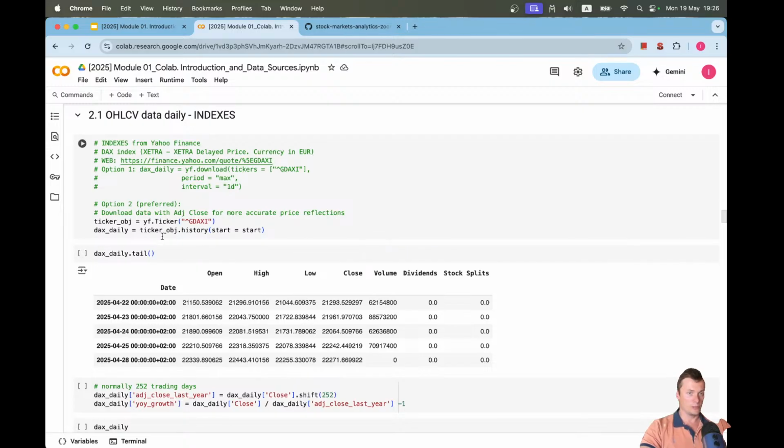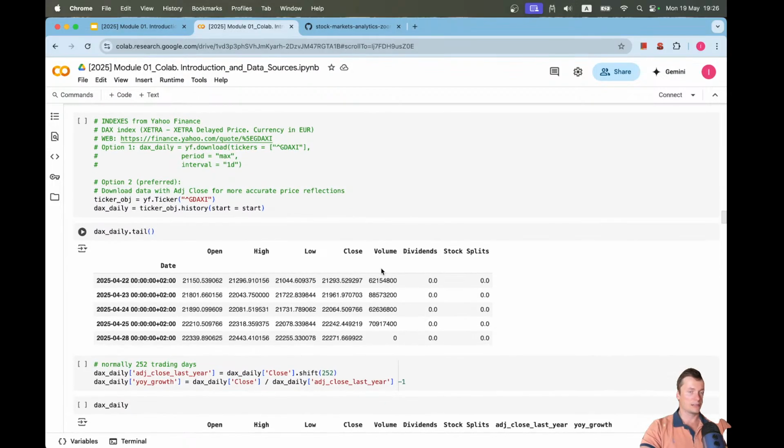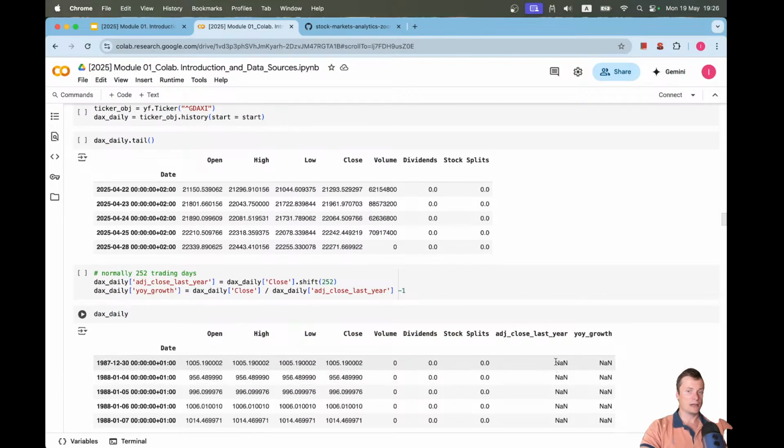When you download data for this ticker, you can specify start and end dates, and you get data like this: open, high, low, close, volume, and you can generate additional columns based on this data, say growth year over year.